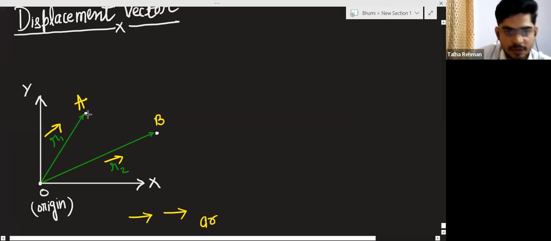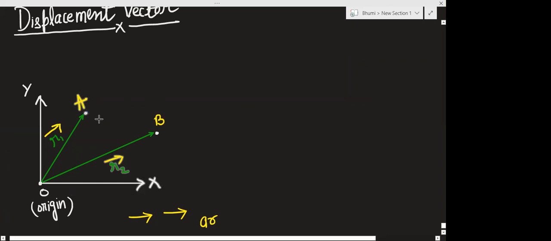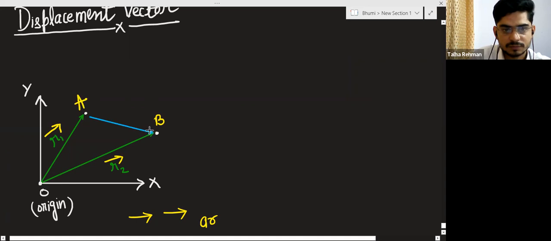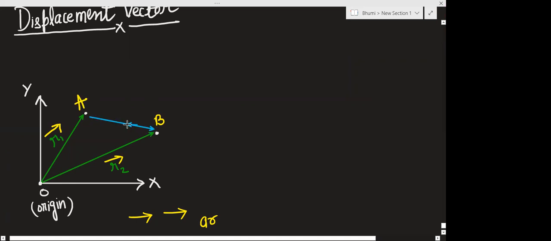Let's see, this is the position vector of A, this is the position vector of B. If someone wants to move from this point to this point, like A to B, then that vector will be known as displacement vector.